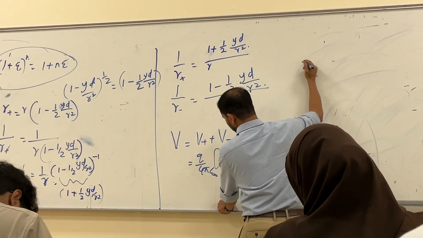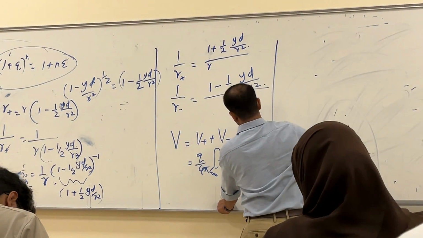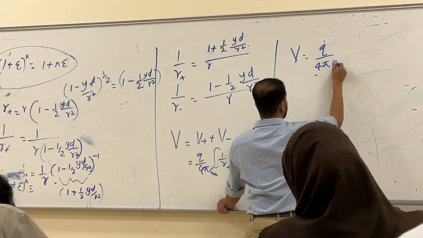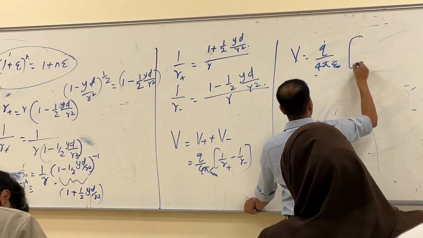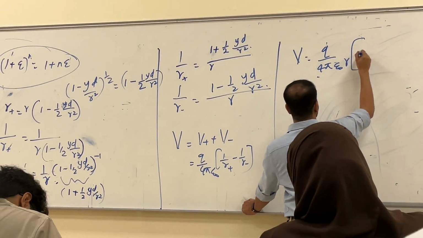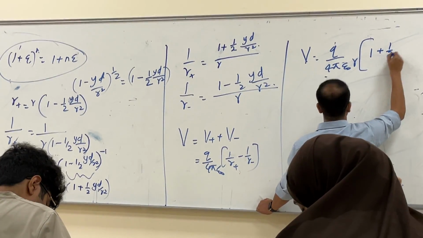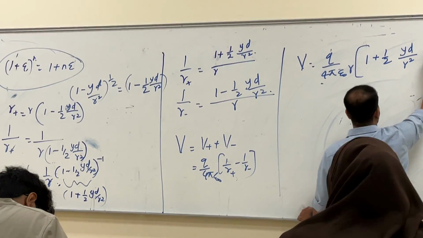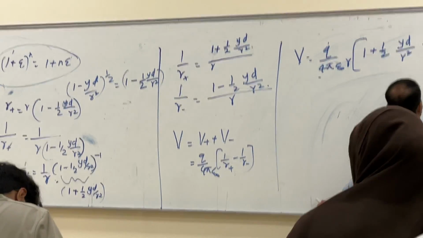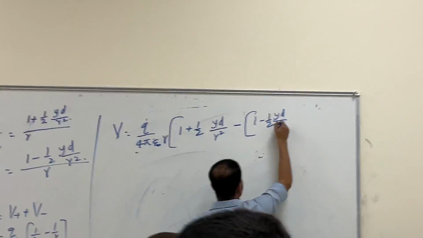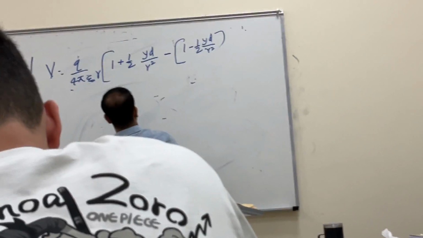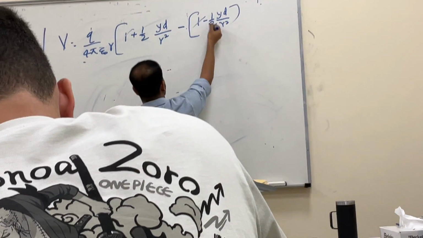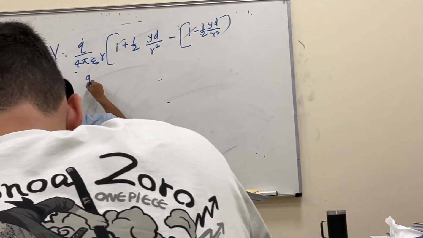So V is equal to Q over 4 pi epsilon 0. I take this r out, so I can have r here, then 1 plus half yd over r squared minus of 1 minus half yd over r squared. Okay? So this one cancels, and minus minus will be plus. So this will be Q over 4 pi epsilon 0.